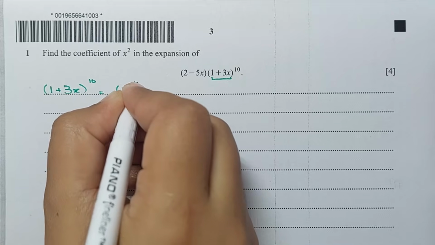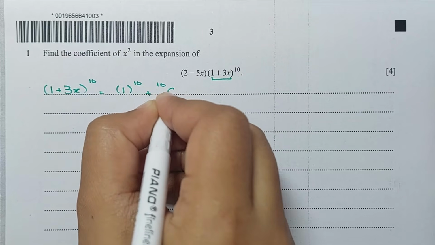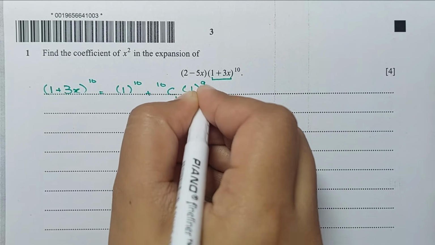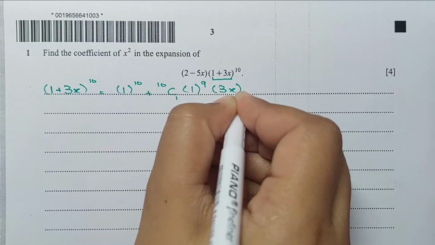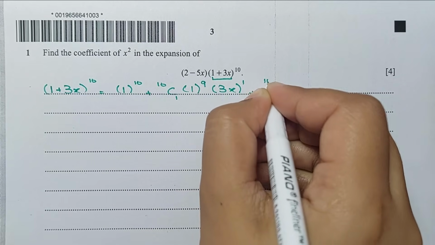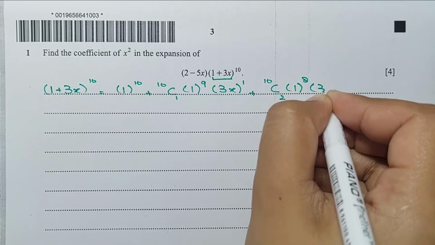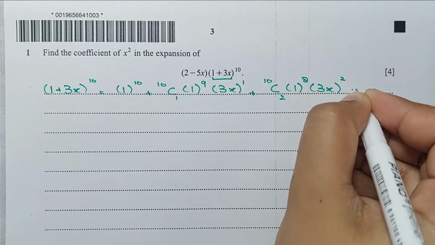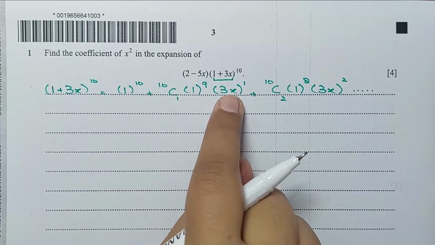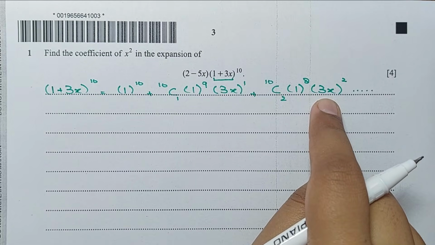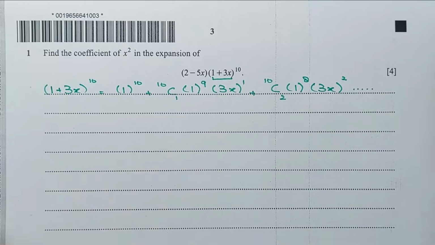So the first term to the power 10, plus 10C1, the first term power is 9 and the second term power is 1, plus 10C2, the first term power is 8 and the second term power is 2, and so on. Now this is the constant term and the x squared term.